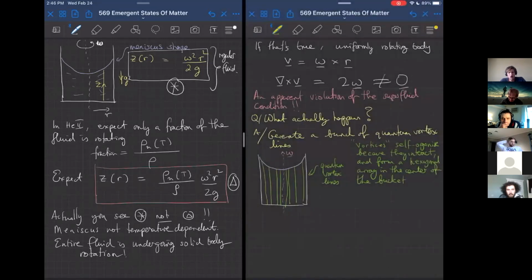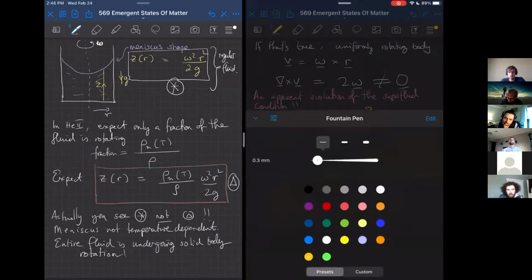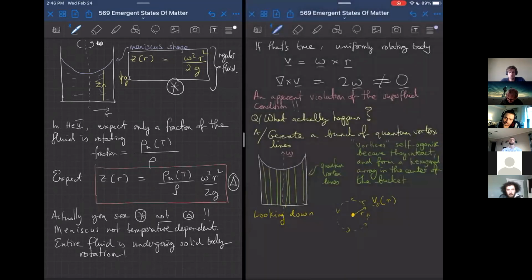So if we look down on it from above, what you would see is a vortex core like so, and then around the outside, you would have a superfluid flow like so. And this thing over here is the vortex core.